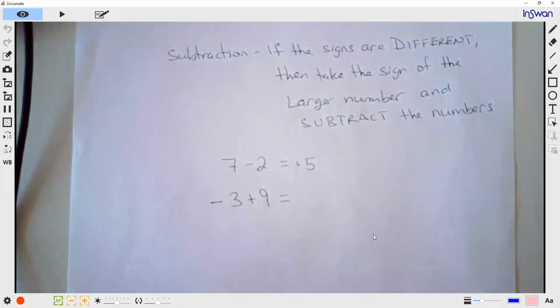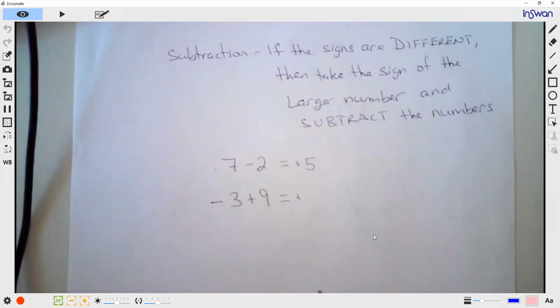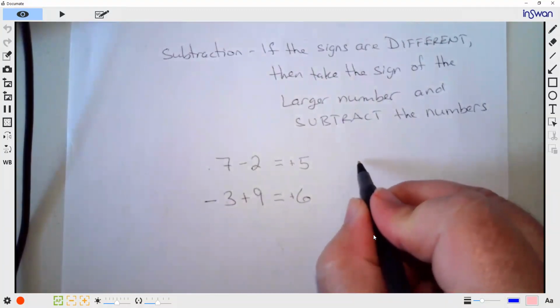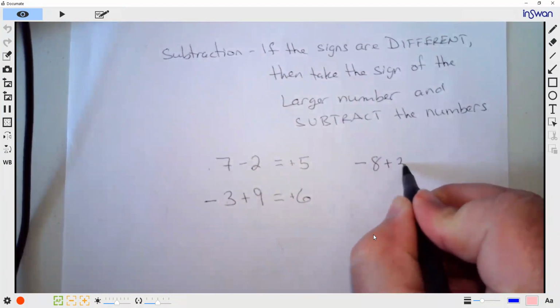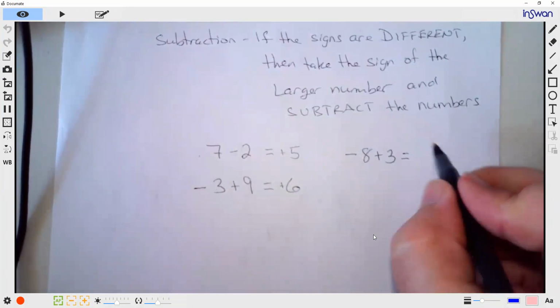How about that one? Is the answer going to be positive or negative? Positive. Okay, positive what? 6. Yeah, 9 minus 3. The answer is positive 6. How about that one? That's going to be negative.